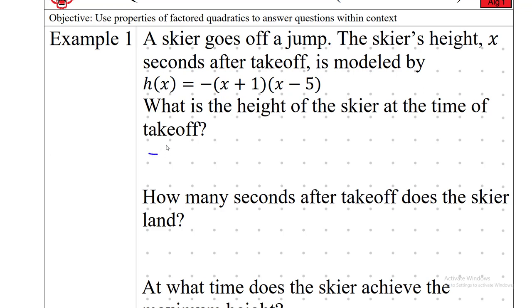It's going to be negative, in parentheses, 0 plus 1 times 0 minus 5. And that's negative 1 times negative 5. 1 times negative 5 is just negative 5, and then negative times negative is positive, which means our answer here is positive 5. All right, next question.